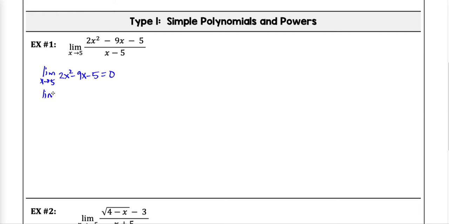And then you have to say the limit as x approaches 5 of x minus 5 equals 0. So it's okay to write equals 0 because 0 is a number, but you're not allowed to write equals 0 over 0. So this is kind of the workaround. You say that the top has an answer of 0, the bottom has an answer of 0, and then this is indeterminate form.